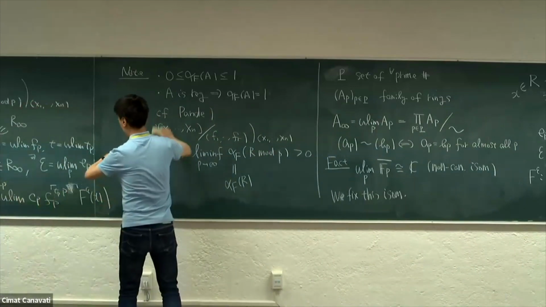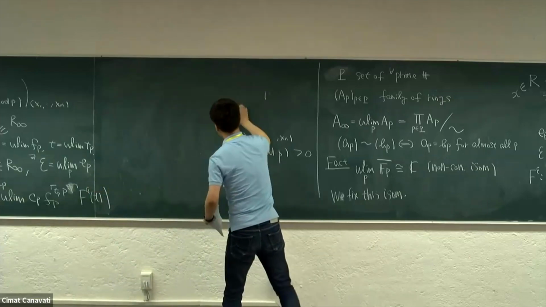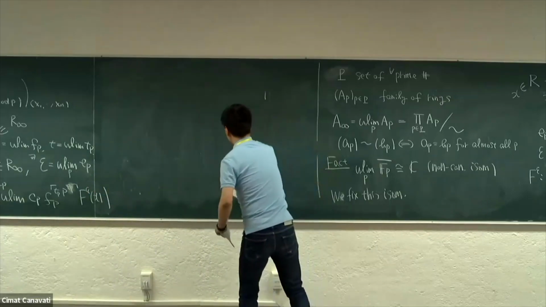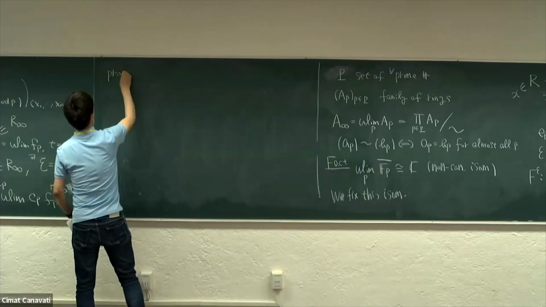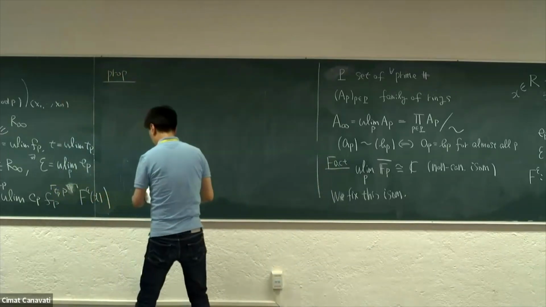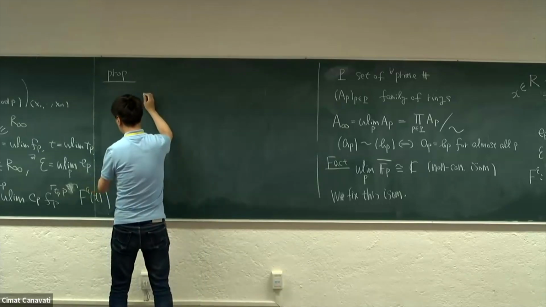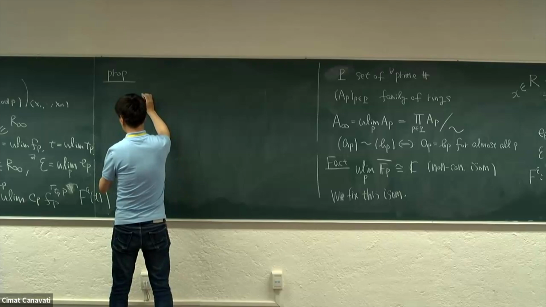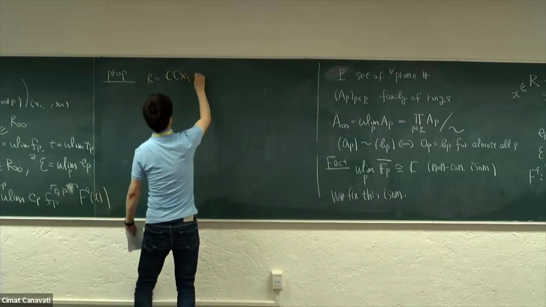Okay, now here is a proposition. Our R is again in characteristic 0. Let me write down again: our R is like this.